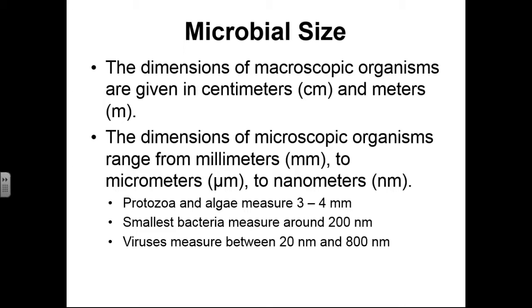Once we get to the scale of micrometers, that's where we need to use a microscope. The limitation for good eyesight for most human beings is about half a millimeter or 500 micrometers. With a regular light microscope, we can go to typically as small as 5 to 10 micrometers.